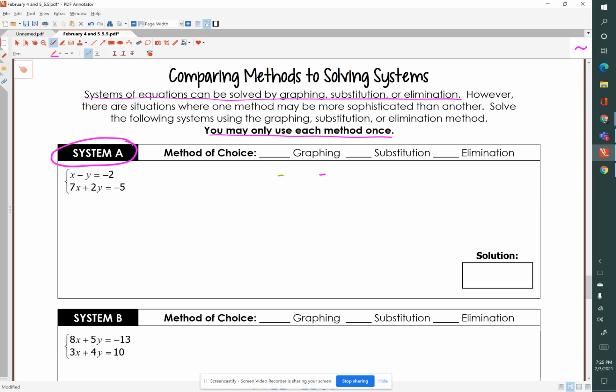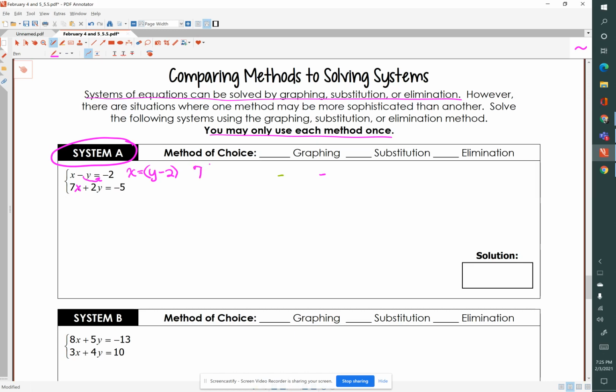Okay, so let's look at system A. I see x minus y equals 2. And I can easily rearrange that so that I have, if I just move y to the other side of the equal sign, x equals y minus 2. Now I can easily substitute that y minus 2 for x in the second equation.